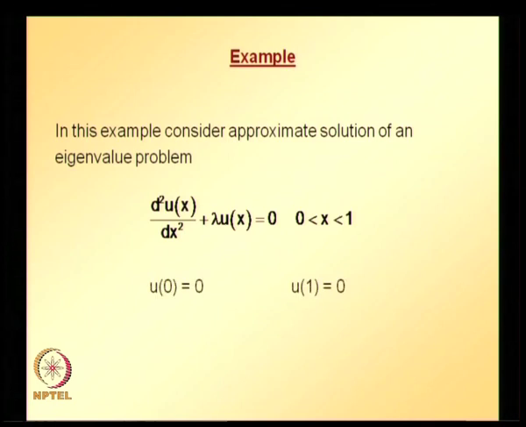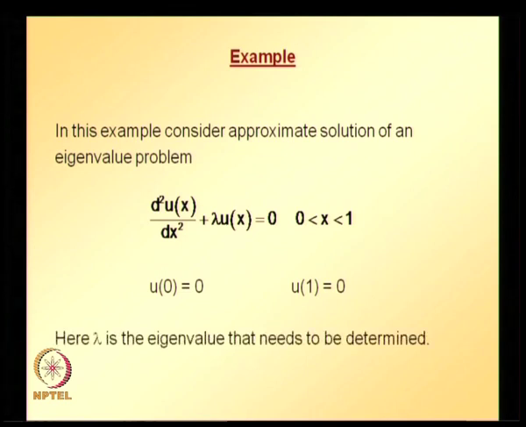As you can guess, this is a second order differential equation, so we require two boundary conditions. The two boundary conditions for this problem are given here, and you can go back and check these two boundary conditions are essential boundary conditions, because this is a second order differential equation, and here lambda is the eigenvalue that needs to be determined.